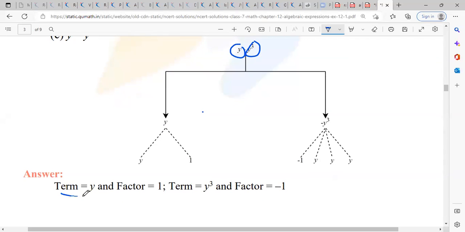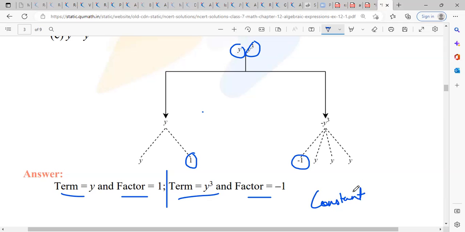So first term is y and second term is y cube. So over here with what you are multiplying? You are multiplying with 1, na? So that's why your factor is 1. Clear? Yes, ma'am. For term y cube, with what number you are multiplying? You are multiplying it with -1, right? So factors are always the constant number.